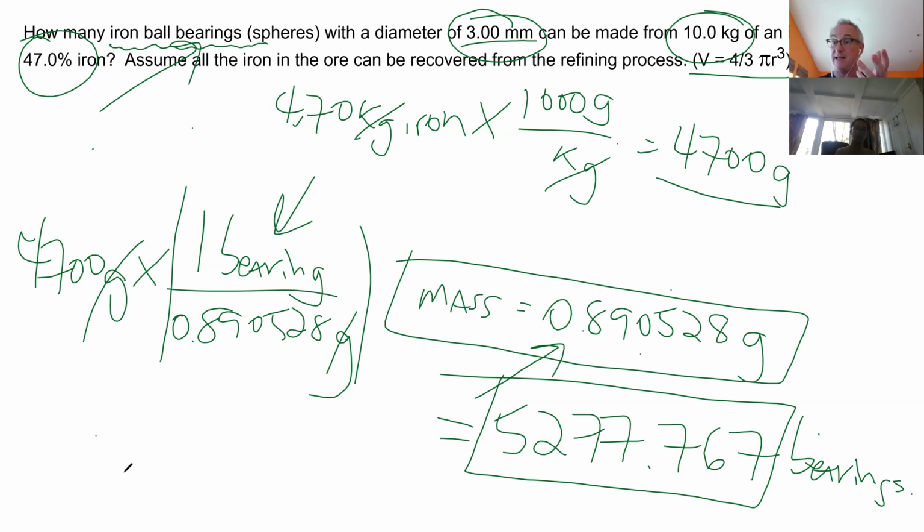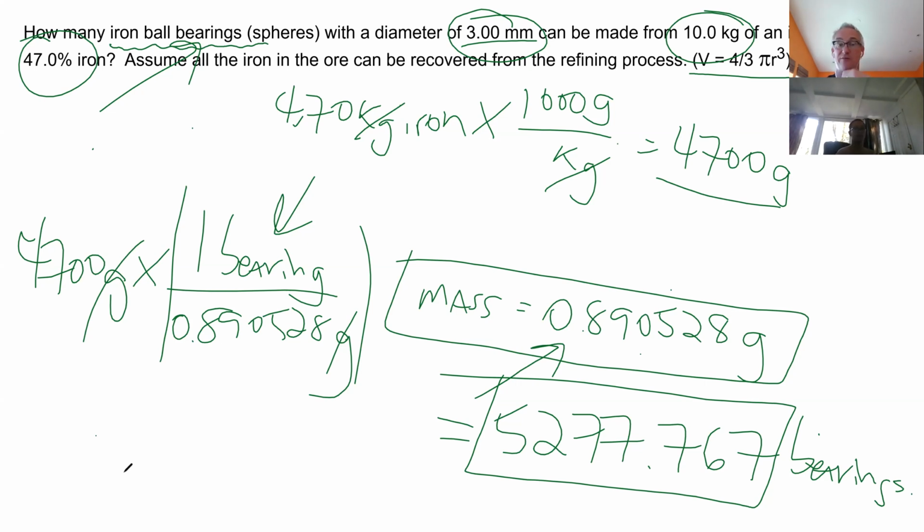Do you see? Because we may have underestimated either the mass, the diameter, or the percent of iron. Any one of those may be a little bit more than the number that's given. It could be 3.004. It could be 10.04 kilograms.